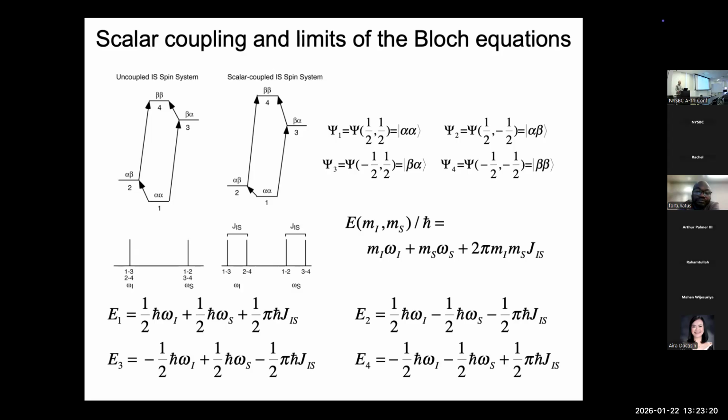So there's 2 electrons in the bond between the hydrogen and the nitrogen, and they're paired. So one is alpha and one is beta. But if the hydrogen is in the alpha state, the electron that's in the beta state has a slightly higher probability to be near the hydrogen. And that means that the electron in the alpha state is more likely to be near the nitrogen. And that's going to make it a little more favorable for the nitrogen to then be in the alpha state.